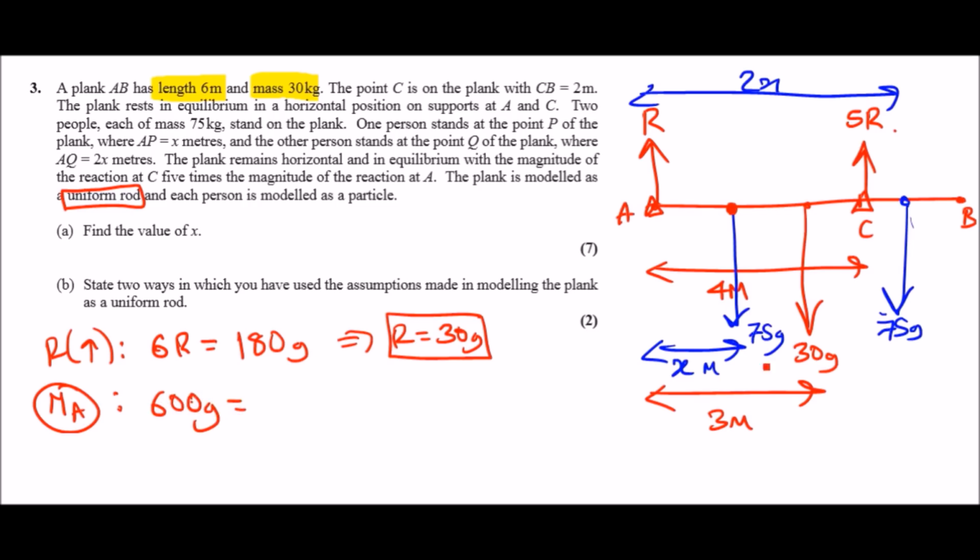Now, as for the downwards, first things first, X times 75, which will be 75 gx, plus, if you go up to 30 g, it will be 3 times 30, so 90 g. And lastly, if you go all the way up to 75 g, it will be 2X times that, so it will be 150 gx. And that's cool.